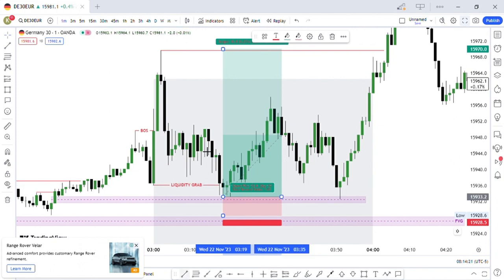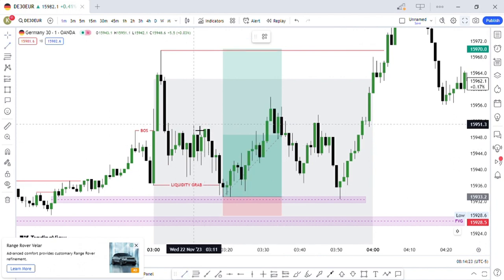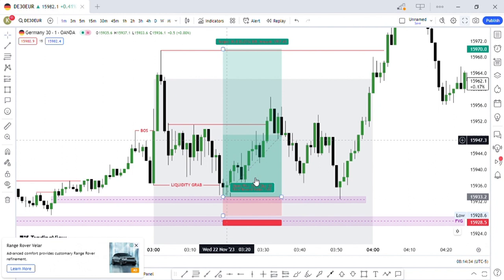Where are you going to get your partials? When you come here, these highs, this high, this one, there's liquidity here, so the market goes above this high.